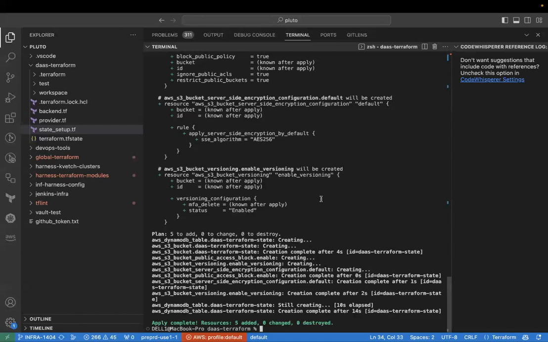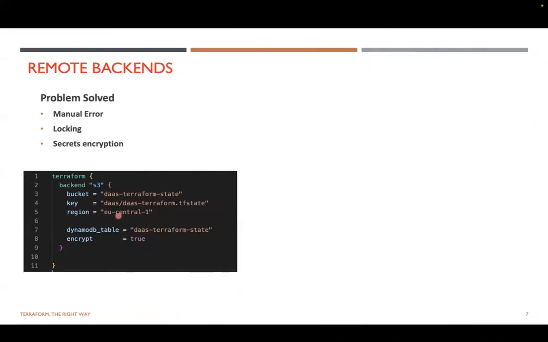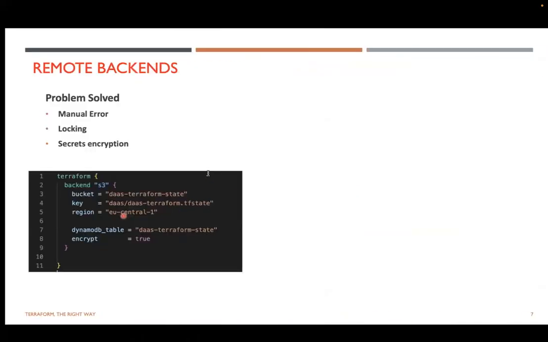Now, don't forget that this is creating the state setup. This does not mean that you already have a remote backend initialized. So now we need to create a remote backend, which is what I am showing you here. What we did here is just to create the resources that you need for that remote backend.